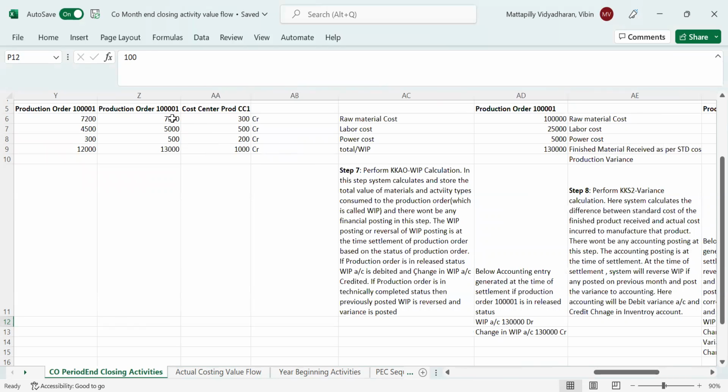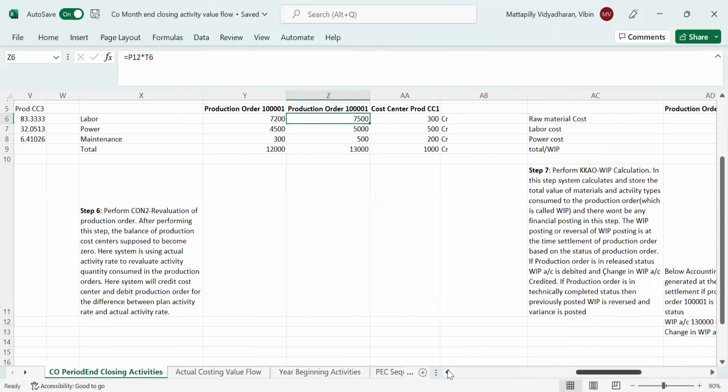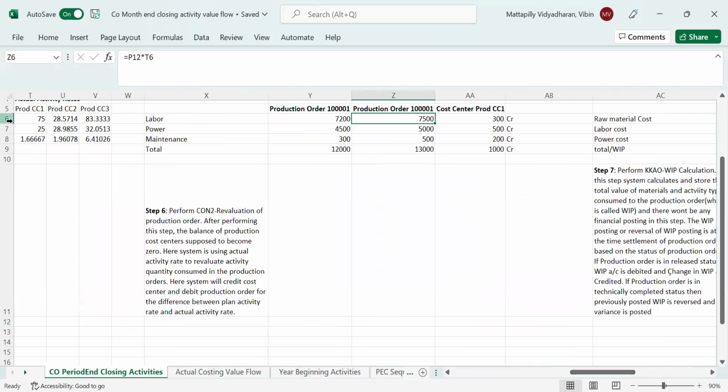So here is how 7,500 is calculated. P12 is the actual quantity consumed from production cost center 1, multiplied by P6, that is the actual activity rate.